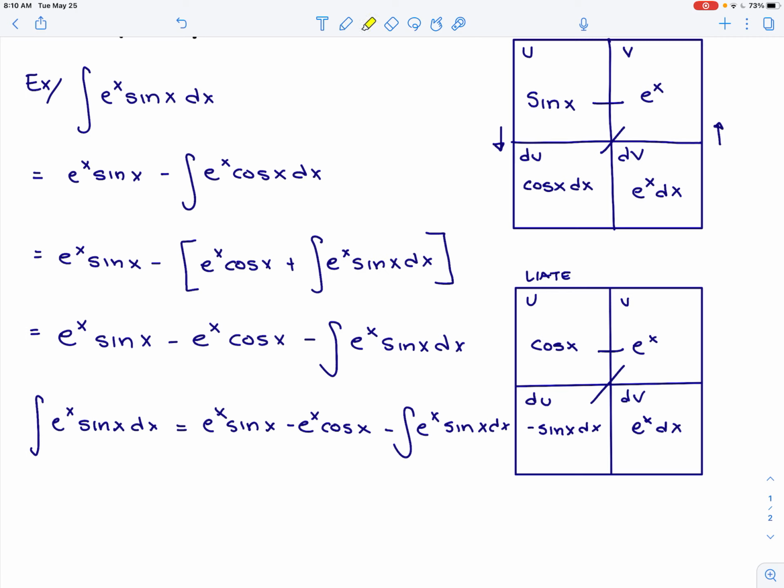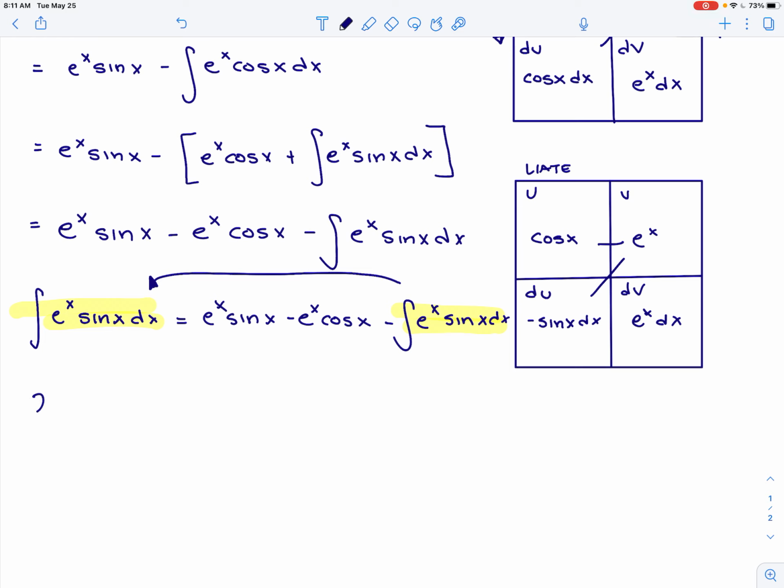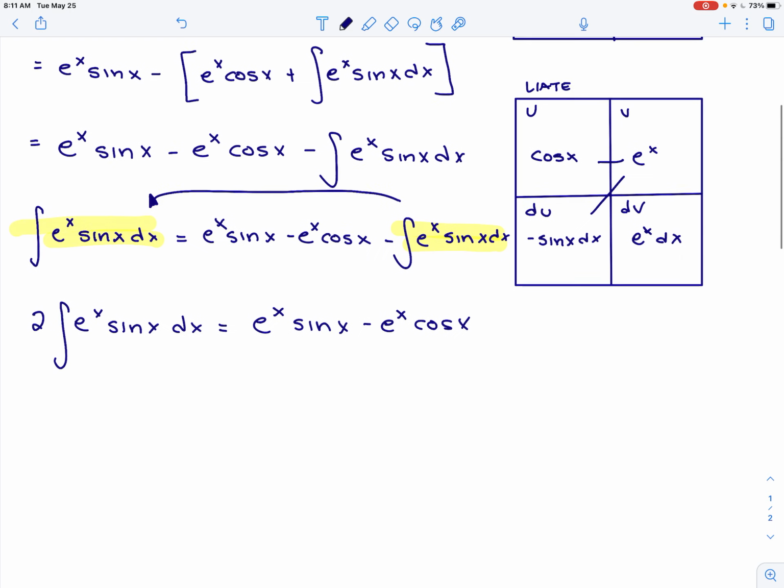Because you're back where you started, I can just bring this to the other side and get 2 e to the x sine x dx's. And then I can just divide by 2 to solve for the integral of e to the x sine x.